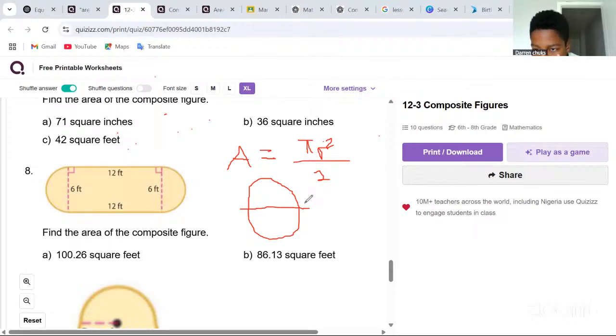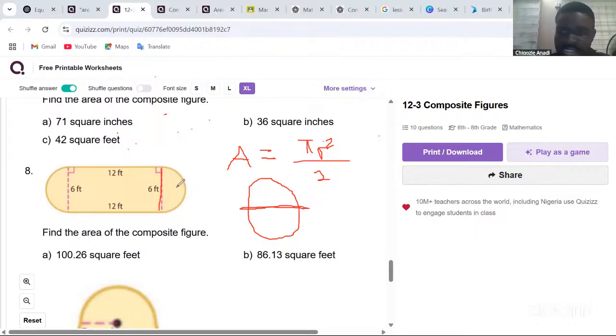So now, from the formula, we have pi r squared, and our r is our radius. Remember, what we have here is the diameter of the semicircle drawn to us.